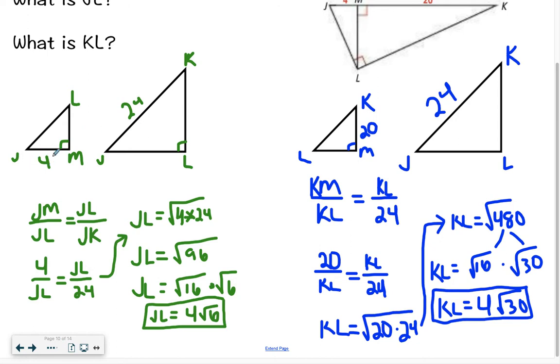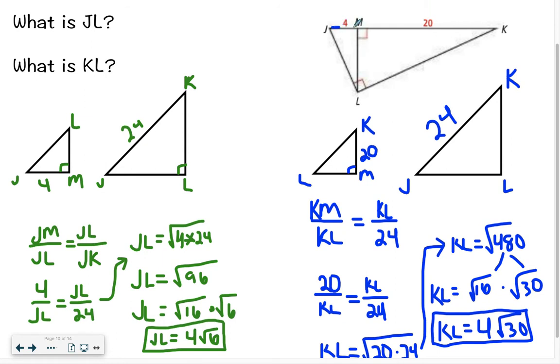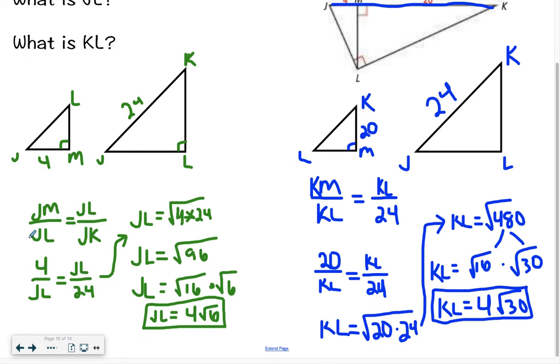I knew that JM was 4, and JK, the whole distance, was 4 plus 20, or 24. Then I could set it up as a ratio of JM over JL equals JL, the repeated side among these two triangles, over JK.